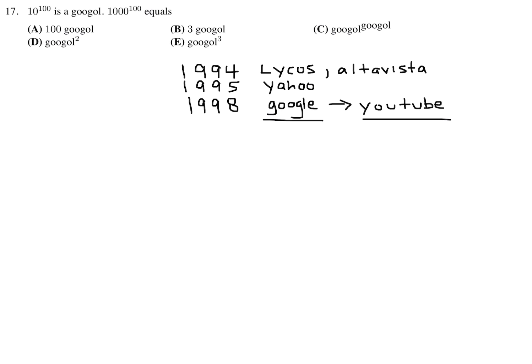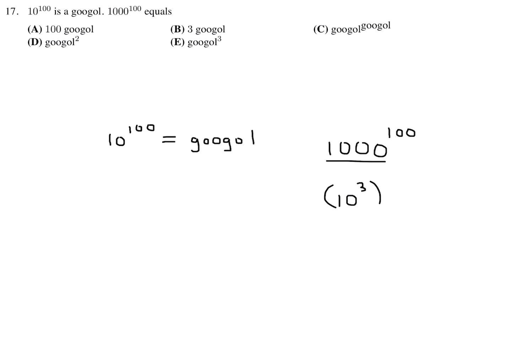All right, going back to the question, we've got 10 to the power of 100 is equal to a Googol, right? So we want to figure out 1,000 to the power of 100 in terms of a Googol. Okay, no problem. The 1,000 here I can write as 10 to the power of 3, like that, all to the power of 100.